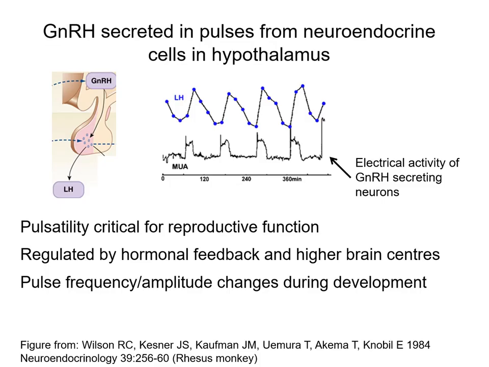So this pulse frequency, as well as the amplitude, how strong the signal is, changes during different times of childhood and adolescence, as well as periods in the adult. And so these changes in the frequency and amplitude at the level of the hypothalamic neurons are able to control the hormone responses that are downstream.